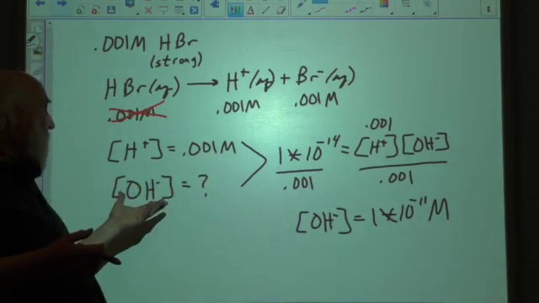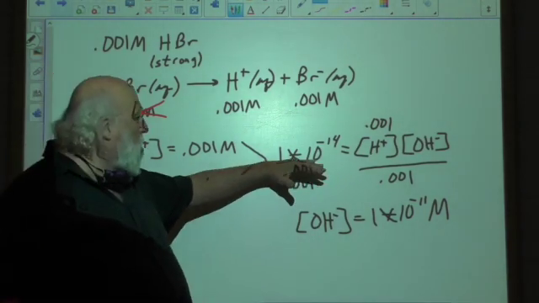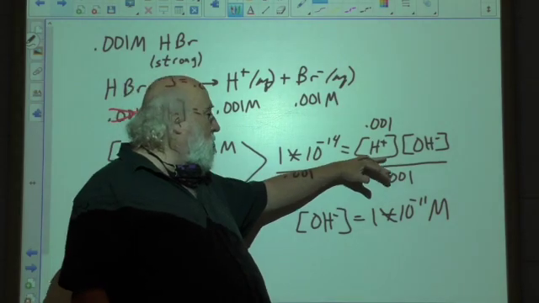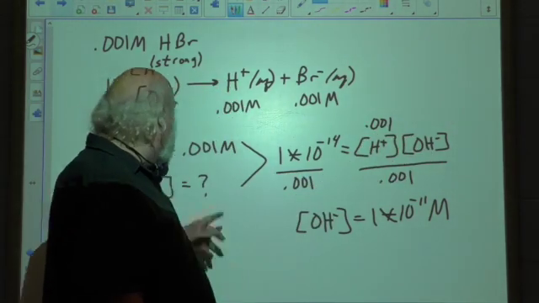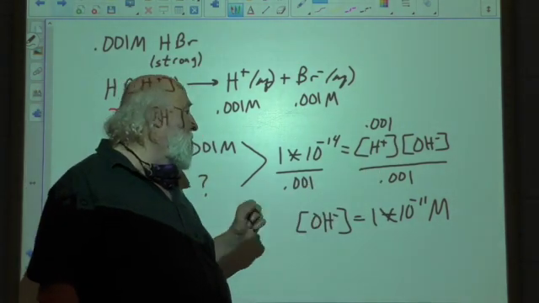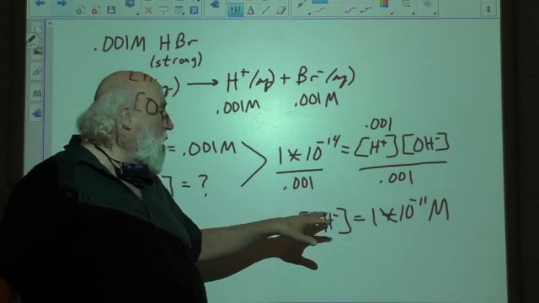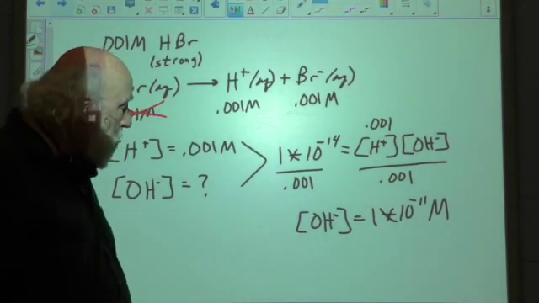So we're trying to find the hydroxide concentration in that. We simply take the equation 1 times 10 to the negative 14 equals H positive times OH negative, and substitute 0.001 for the hydrogen, and then divide both sides by that 0.001, and we get hydroxide is equal to 1 times 10 to the negative 11 moles per liter.